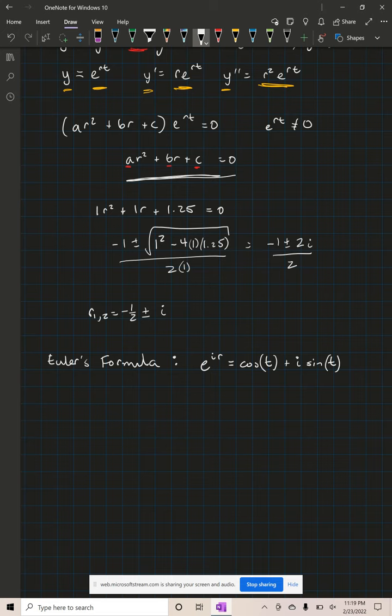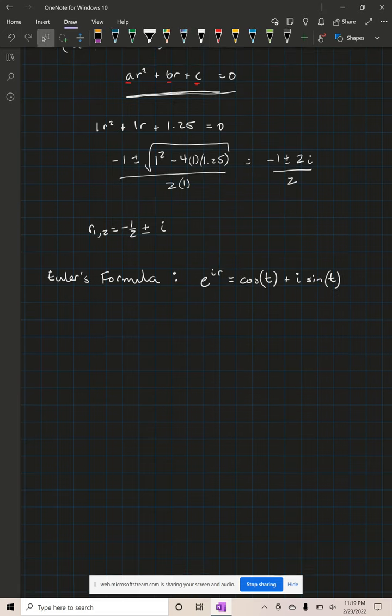Alrighty, so next we have a general expression for our differential equation. So now we have y of t is equal to c1 e to the negative 1/2 t times cosine of t, plus c2 e to the negative 1/2 t sine of t.